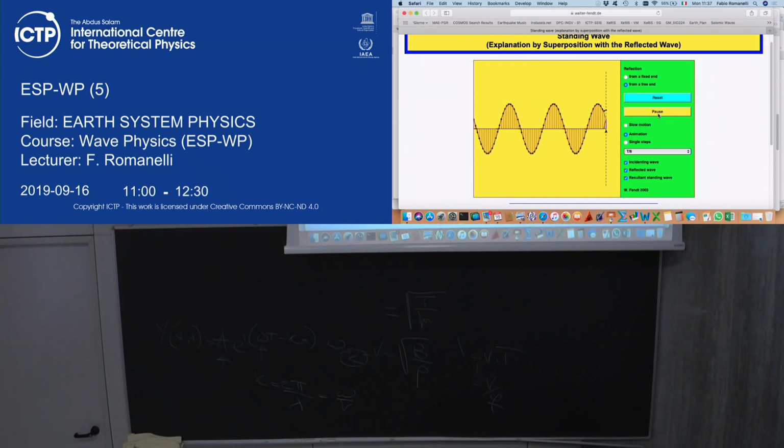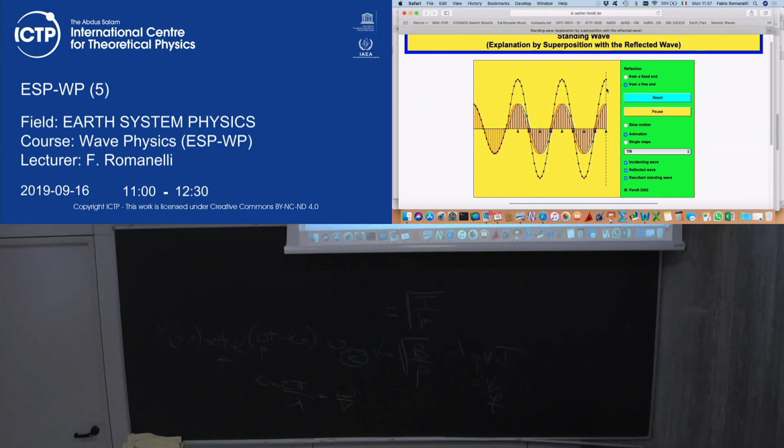And you see that that point now is going to oscillate with maximum amplitude, and here it's never going to create a derivative, because remember that the force is proportional to the derivative, dy over dx.